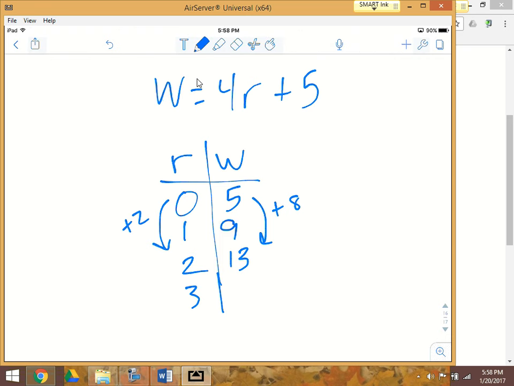So that's 17 total pounds, but I'm going to go ahead and erase my work from before and try that again, because I'm kind of excited that 4 times 3 was 12. And I already have the 5. Even with 0 rocks, I have 5. But now I'm adding 12 pounds.